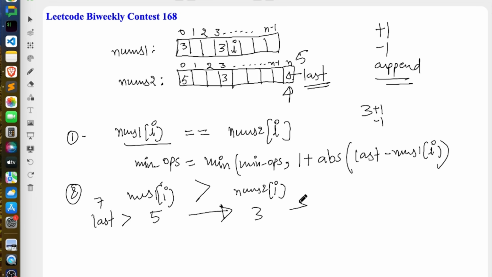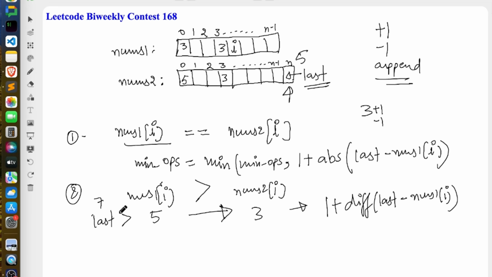So here your minimum operation would be, I'm not going to write it once again, the minimum of that, comma, 1 plus the append operation plus the difference of last minus this nums1 of I, given your last number is more than nums1 of I.